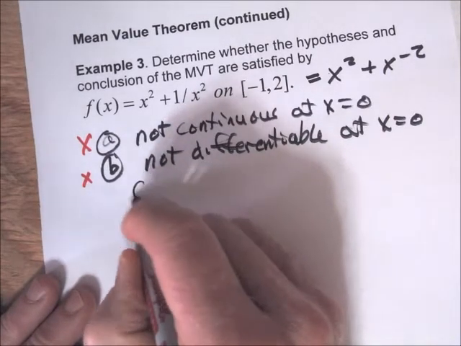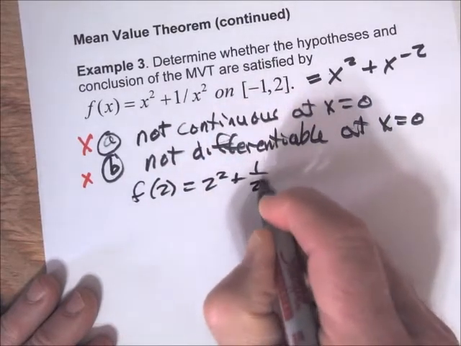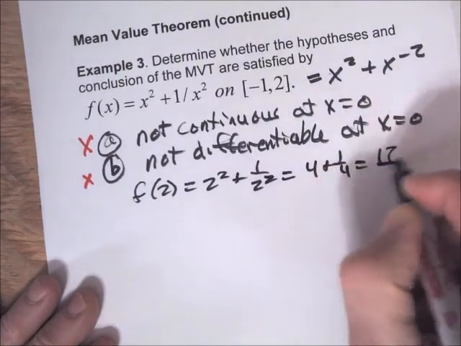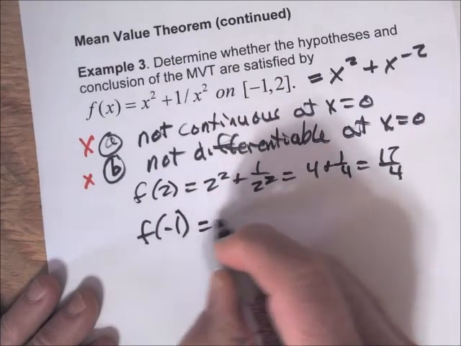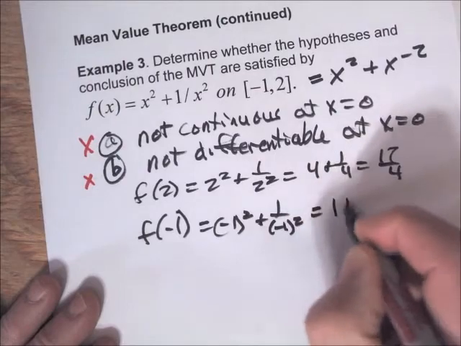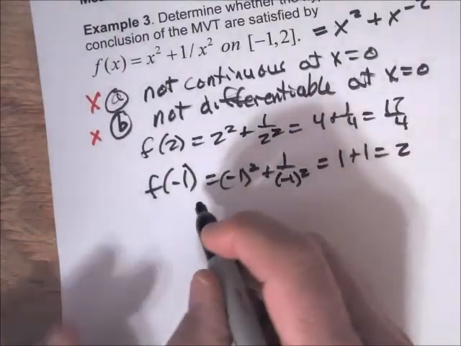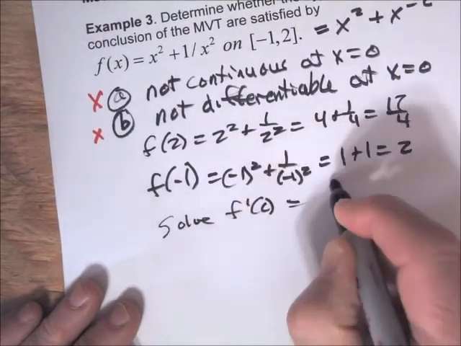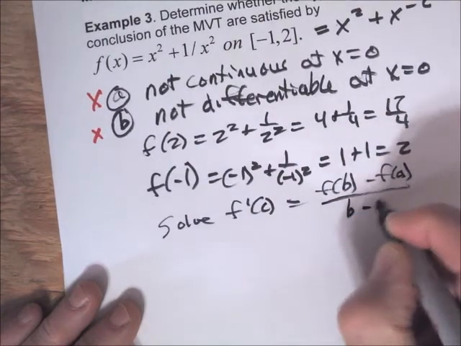F of 2 is 2 squared plus 1 over 2 squared, 4 plus 1/4, or 17/4. F of -1 is -1 squared plus 1 over -1 squared. 1 plus 1 is 2. So we want to solve f prime of c equals f of b minus f of a over b minus a.